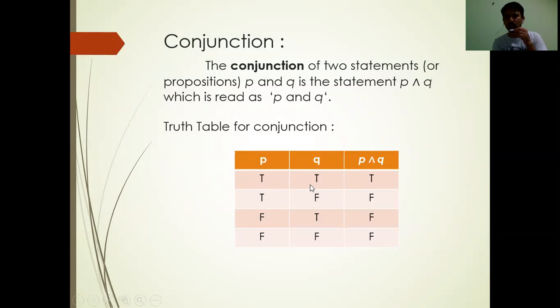So P is true, Q is true, then P and Q is true. P true, Q false, then P and Q is false. Similarly, P false, Q true, then P and Q is false. Same for the rest. So whenever I use the word and to combine two statements, the statement is the conjunction. The conjunction is true only if both P and Q are true, otherwise it is always false.